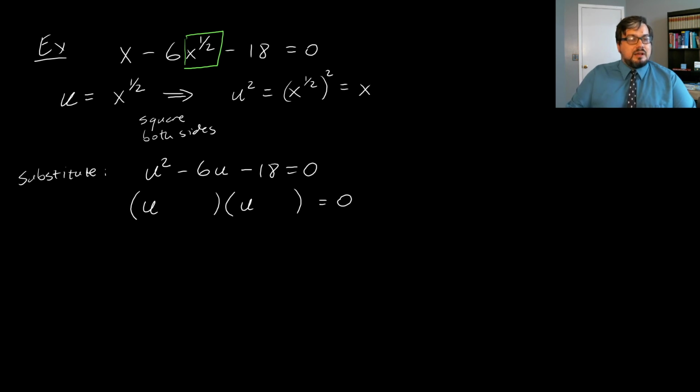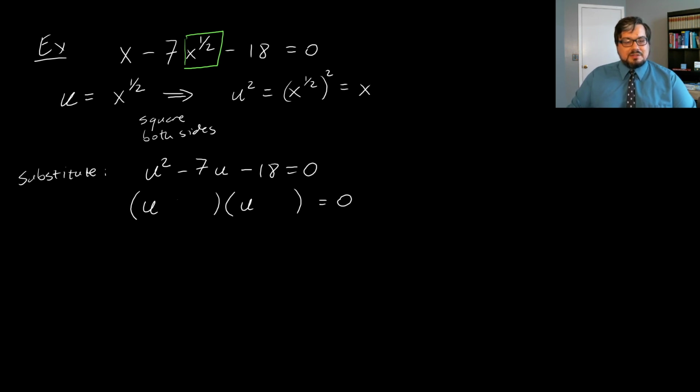And so I am going to adjust this. I had miswritten this original problem. So everything I said before still holds. We're just going to do this with 7 instead of 6 there for that middle coefficient. Sorry about that. So we get u squared minus 7u minus 18 equals 0.